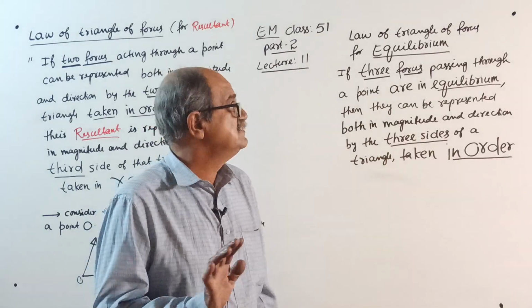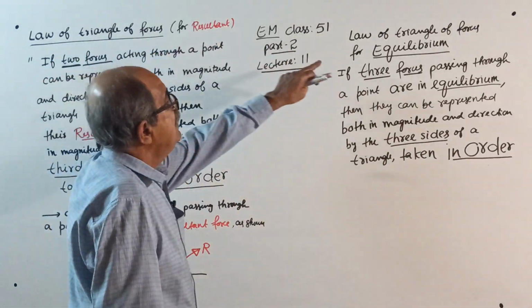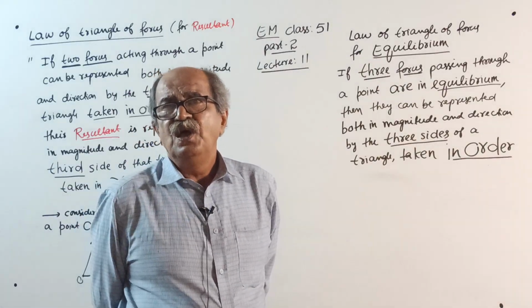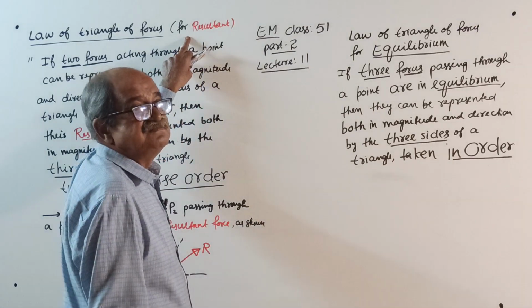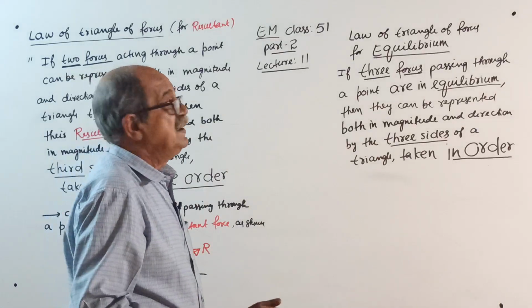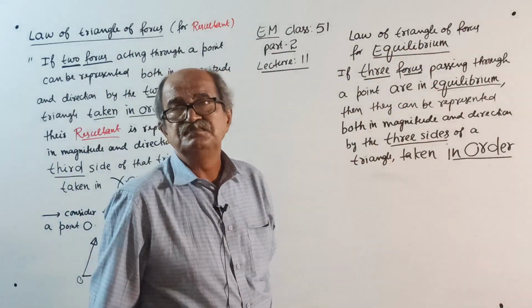Okay, now, first, law of triangle of forces. Remember, it can be told in two different ways. One of them is for finding resultant. That is not equilibrium. But other one is law of triangle of forces for equilibrium.